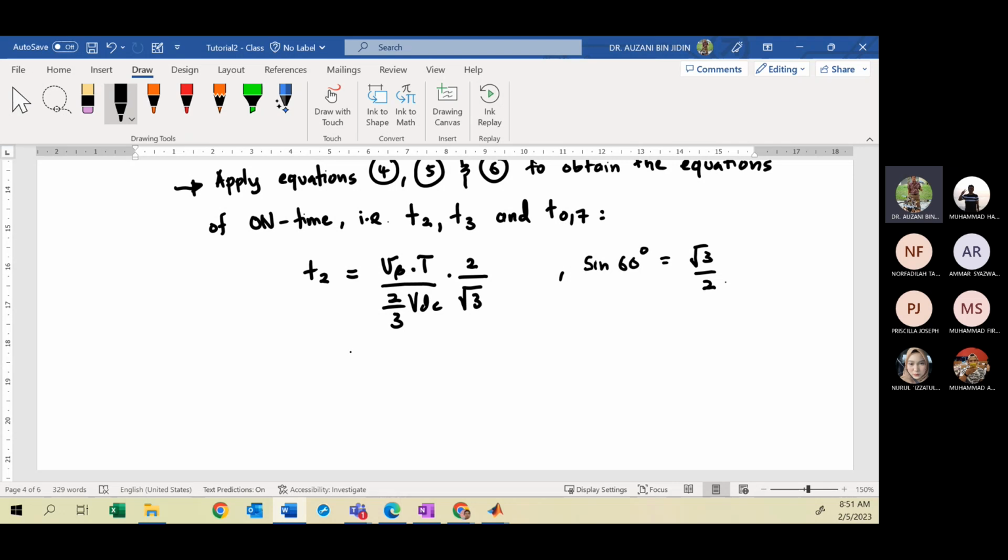Actually, the T2 equation you can reduce further, so that T2 you can write as root 3 multiplied by V beta T divided by VDC. So this is equation number 7. Can you see?